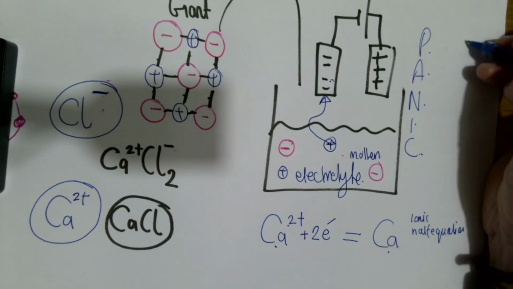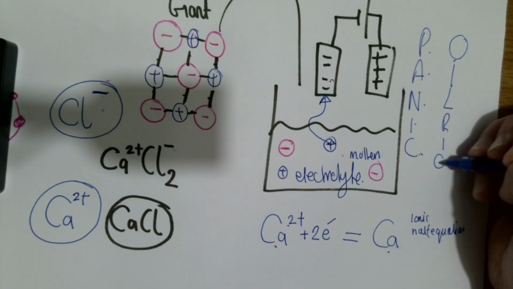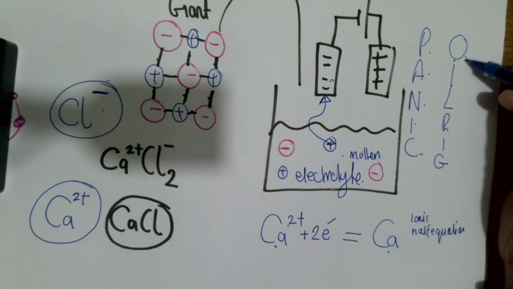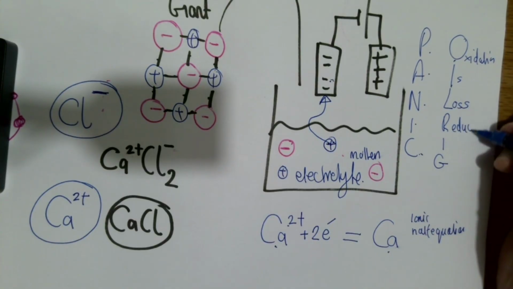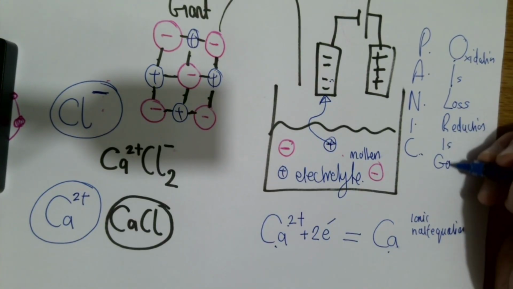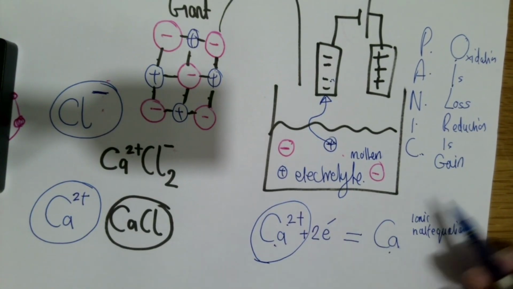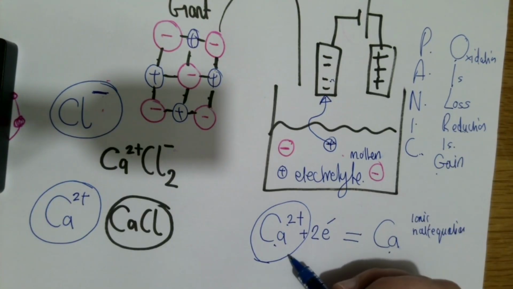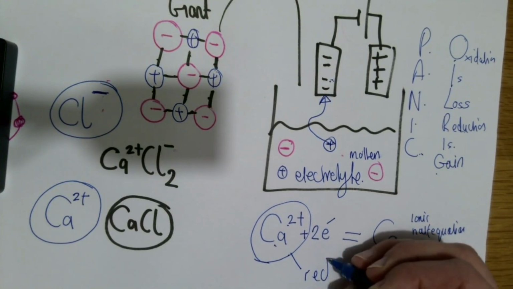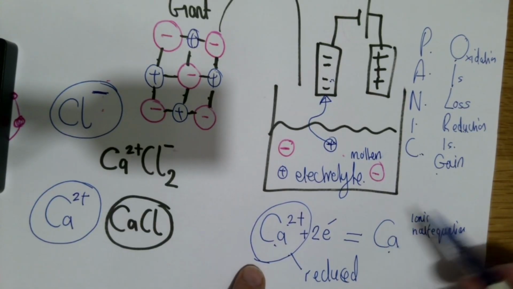The other thing that we have to introduce here is something called OIL RIG, another acronym. Now this means oxidation is loss and reduction is gain. So as you can see here, the calcium is gaining electrons, so it is being reduced. Strange concept. Okay, let's just have a look.